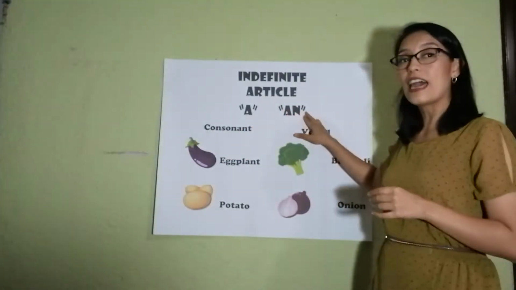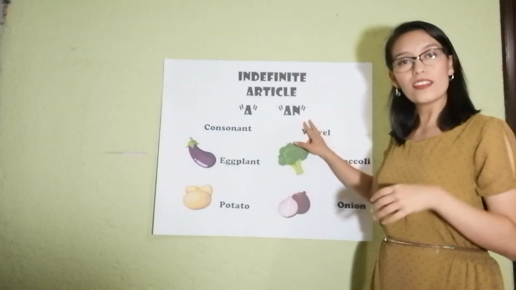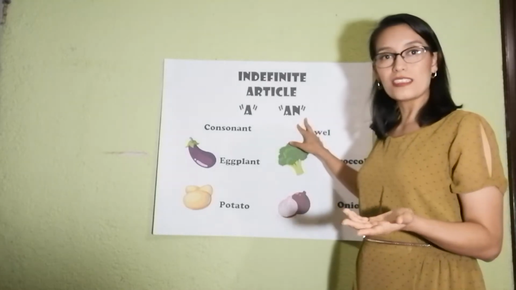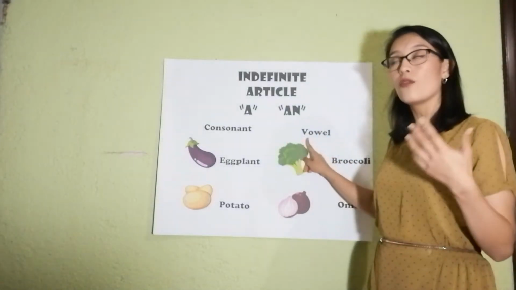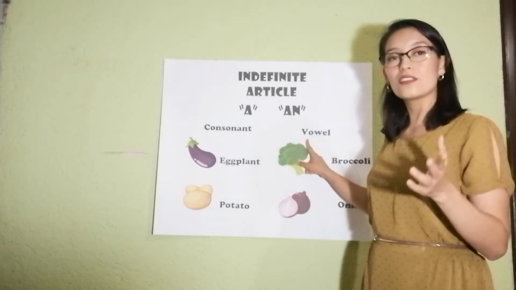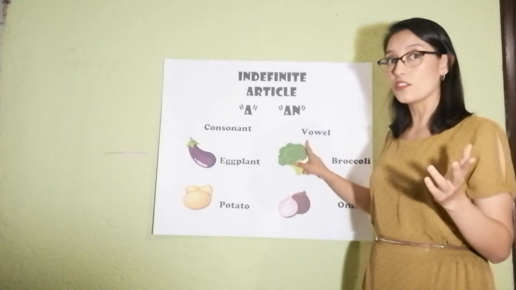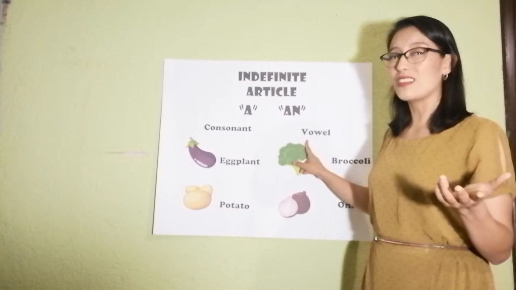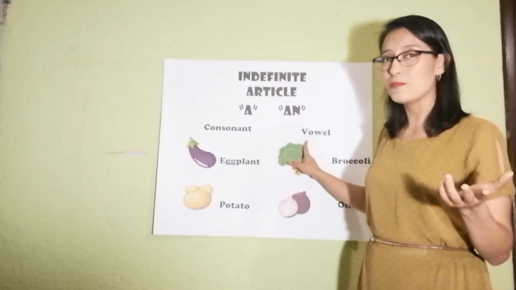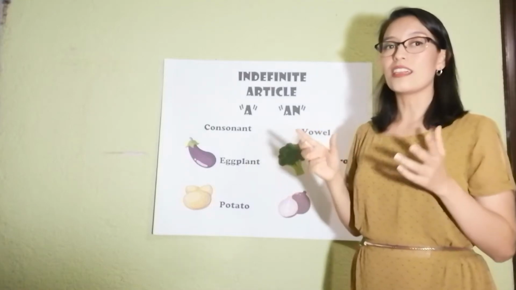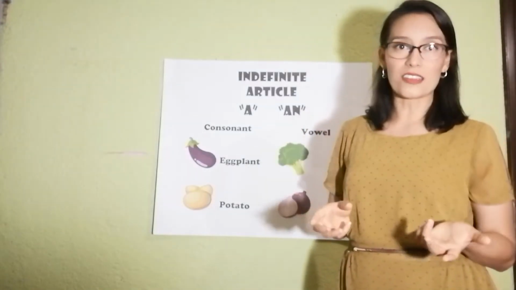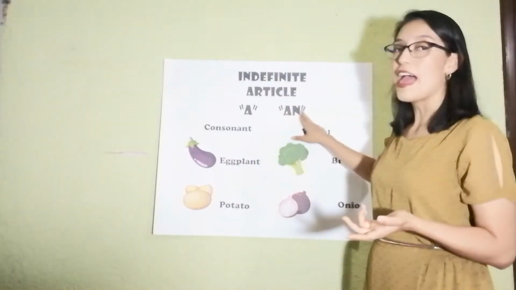And we will use an when the following word starts with a vowel or the sound of the word sounds like a vowel, like hospital. Even when we know that hospital starts with the letter H, we use an because the sound of the word starts with the sound of the letter O. So we have to use an.